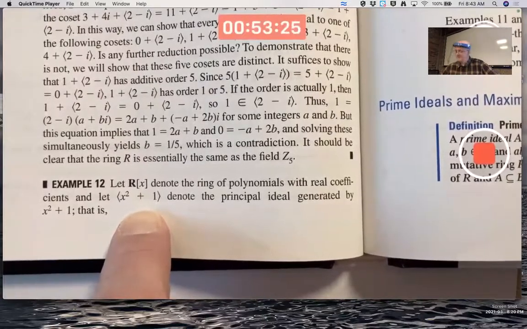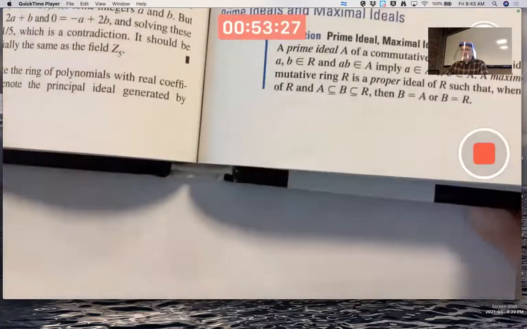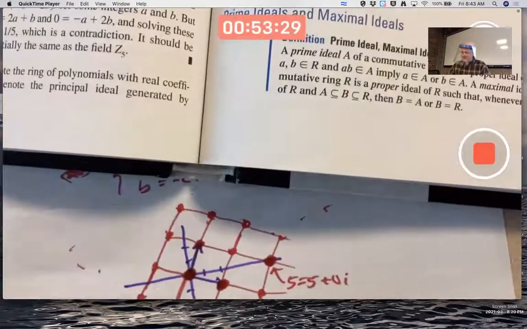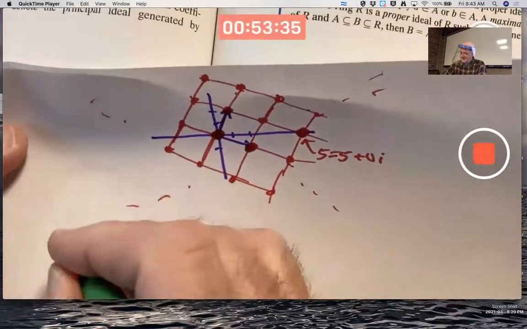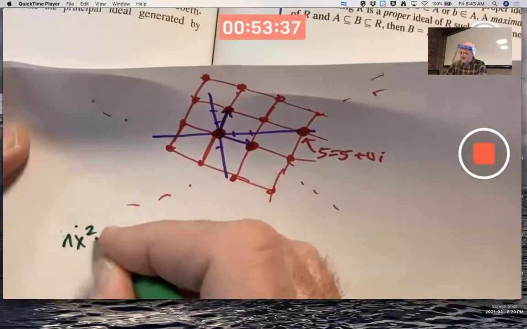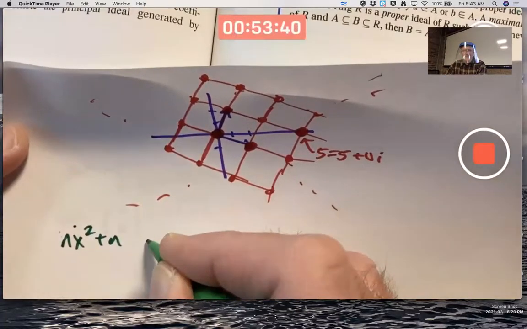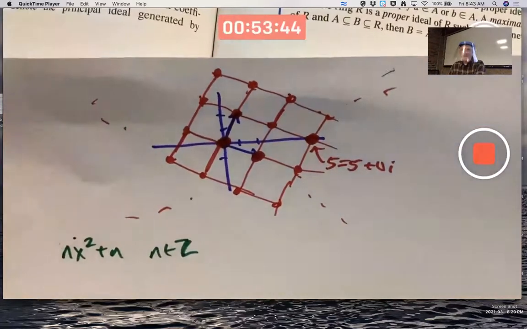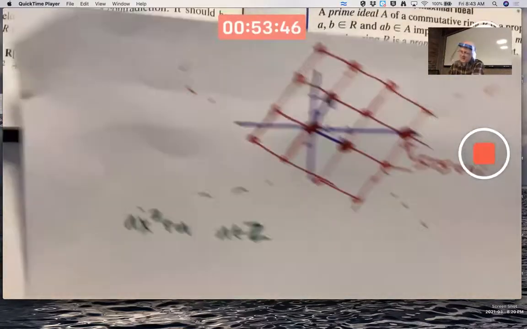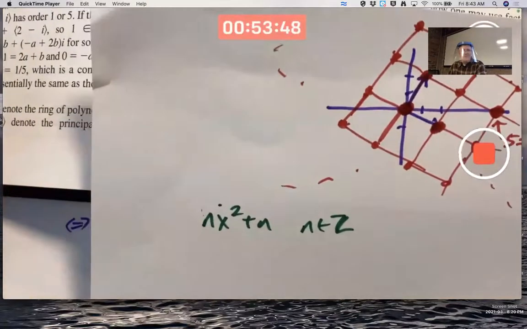In other words, the cyclic subgroup generated by that thing would be all polynomials of the form nx squared plus n, where n is an integer. That would be the cyclic subgroup generated by the single polynomial x squared plus 1.